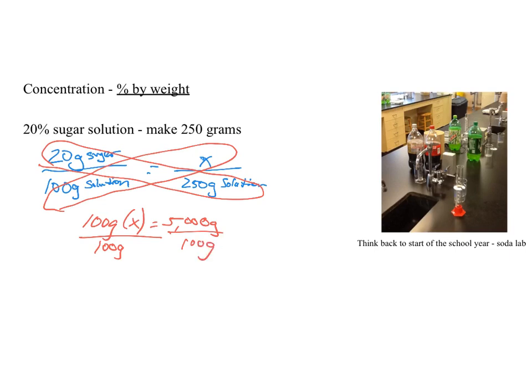My X is going to equal 50 grams. And the unit on that would be sugar. So I'm going to take 50 grams of sugar, put it into the beaker, and fill it up with water to make that solution.